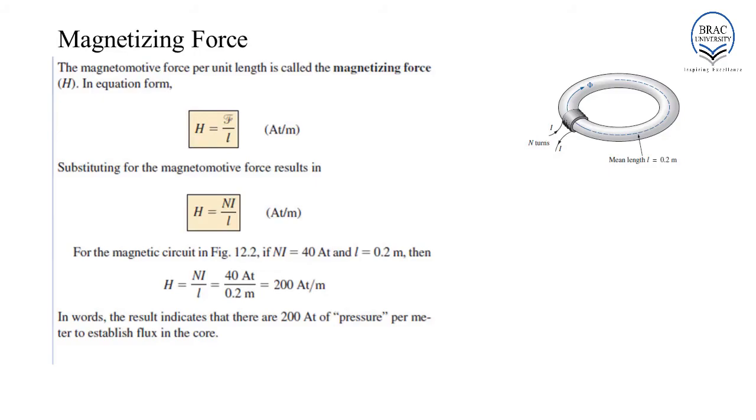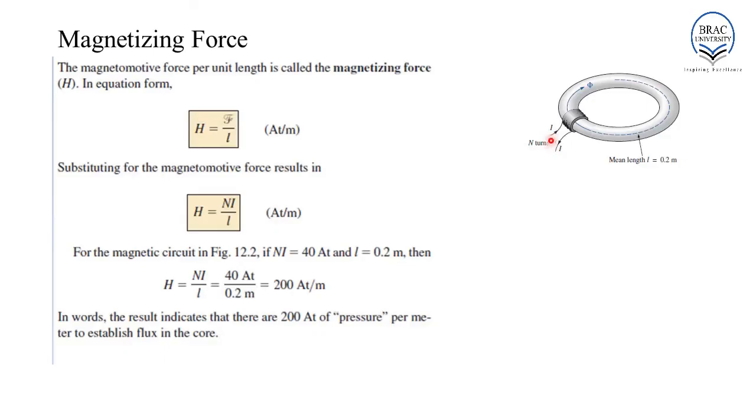Magnetizing force. The magnetomotive force per unit length is called the magnetizing force, represented by the symbol H. In equation form, H equals F by L. So, if we consider this diagram, over here, F can be determined using the value of N and I. That is, F equals Ni.